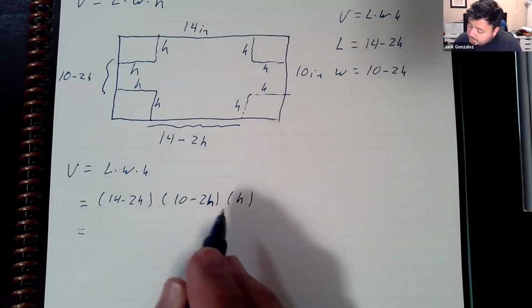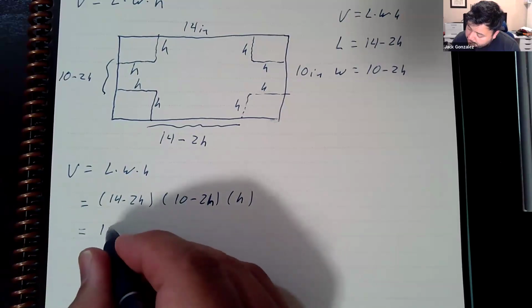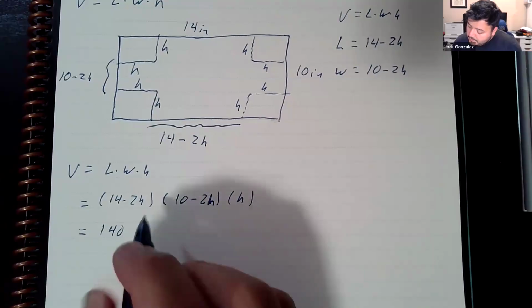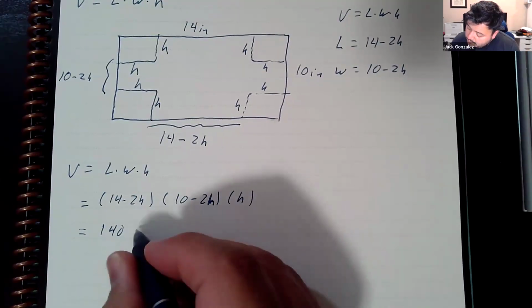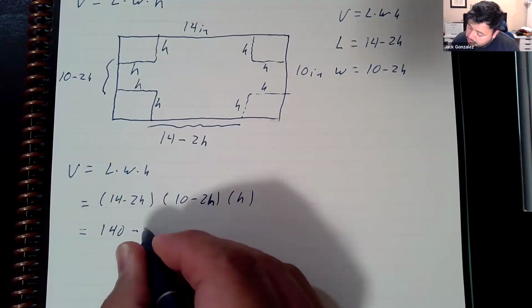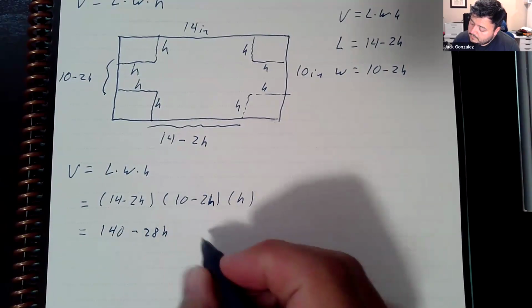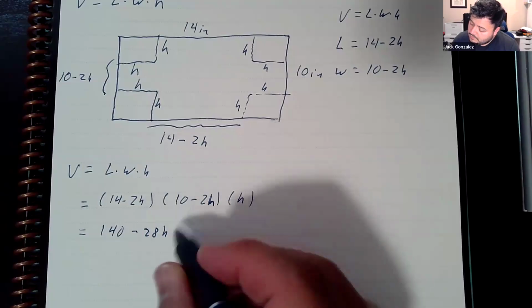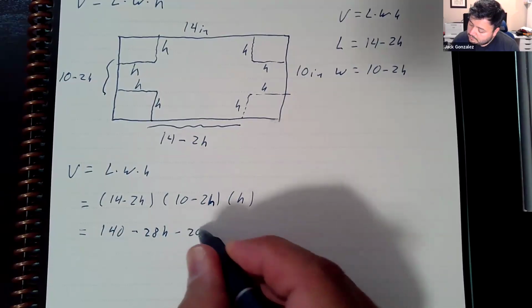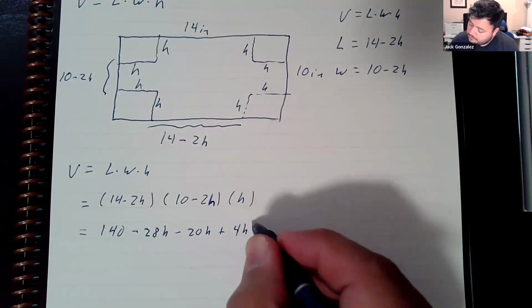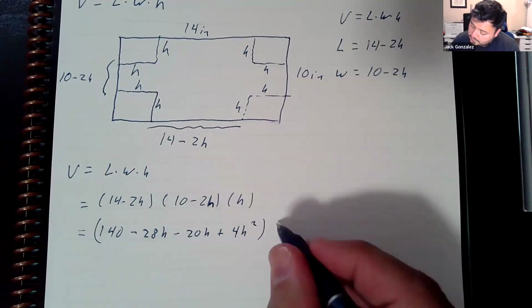So multiply this, we'll get 140 minus 28h. 2h times that is negative 20h plus 4h squared, times the h.